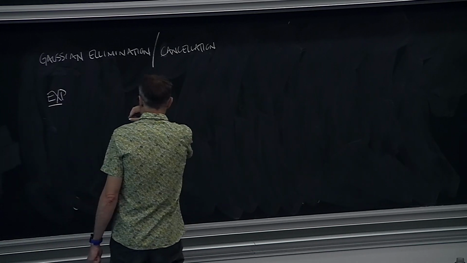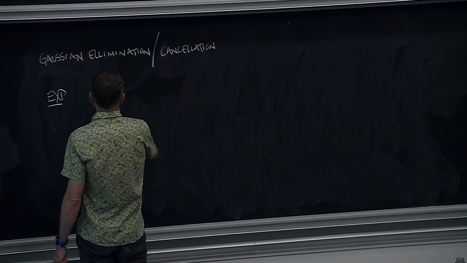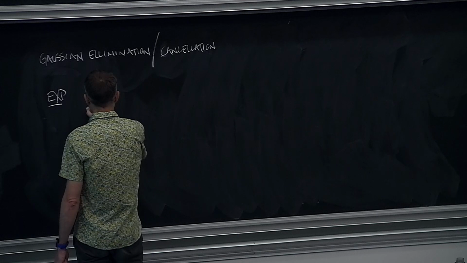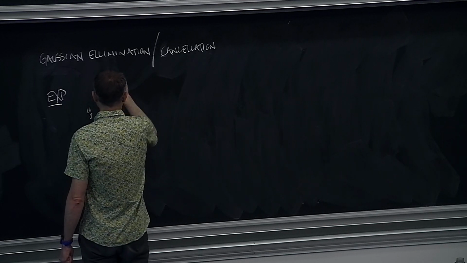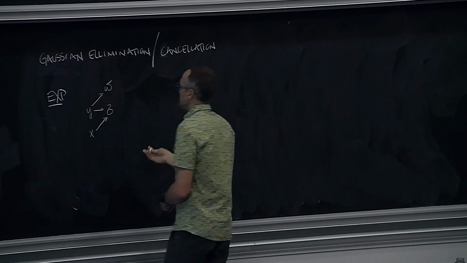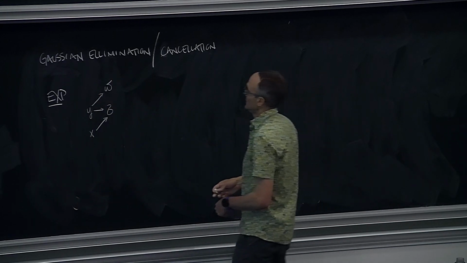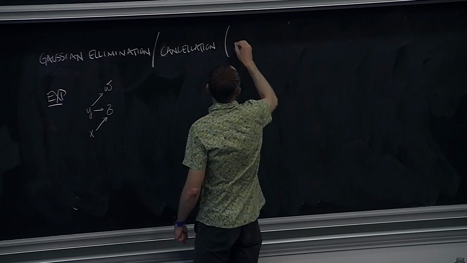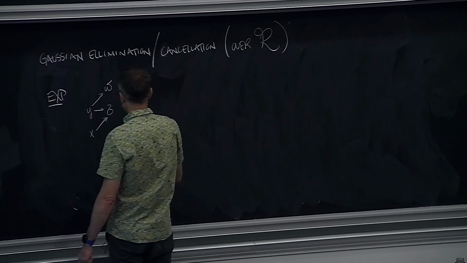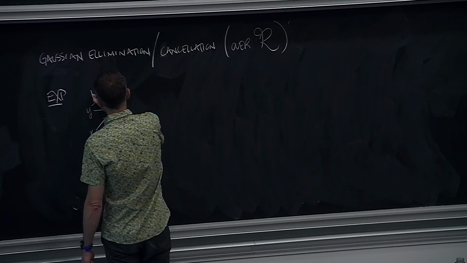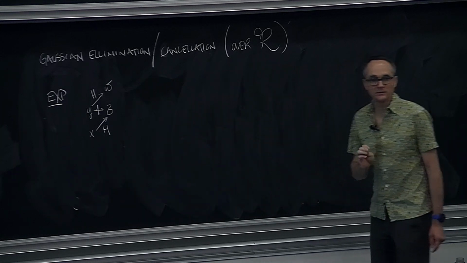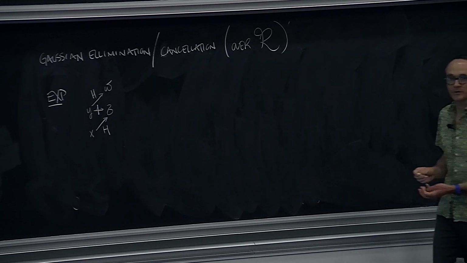I'm just going to try a suggestive example. So suppose I have x, y, z, and w. And now these are meant to be type D structures over R. So the maps here will be ones. I'm going to not decorate arrows that have ones on them, just for convenience.